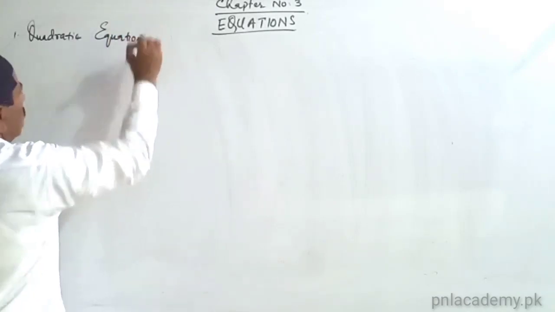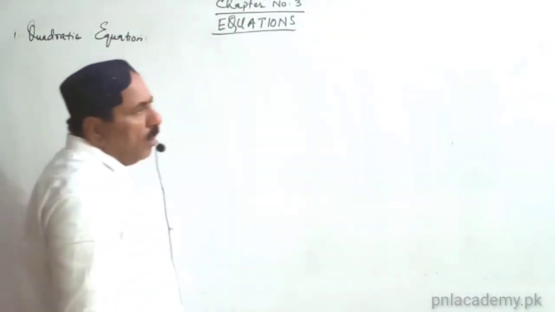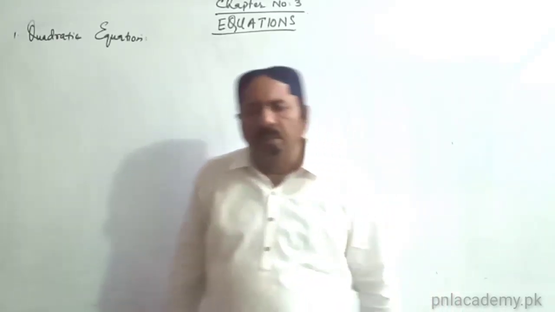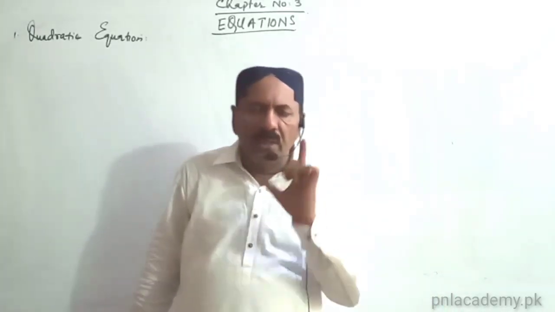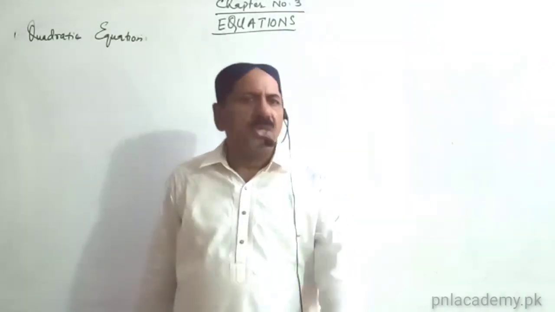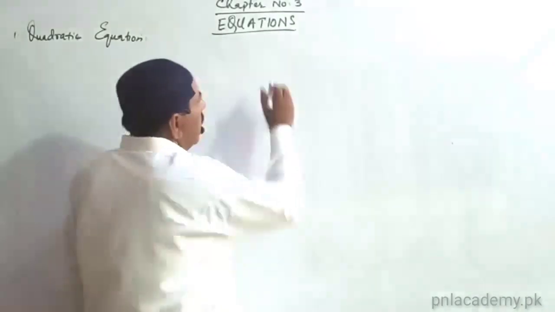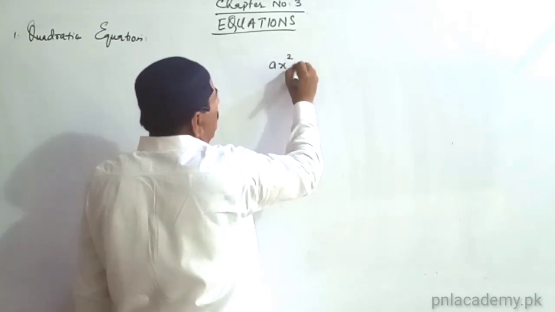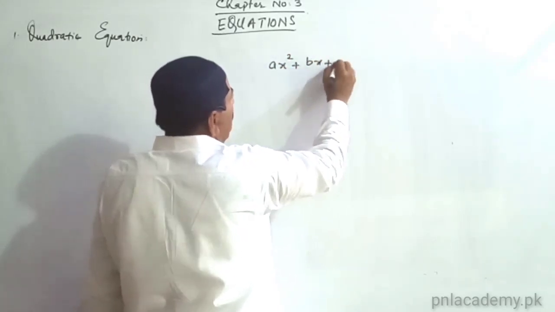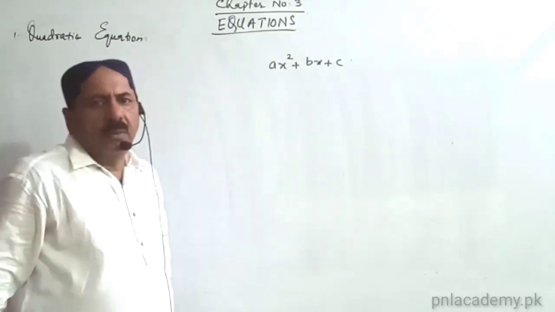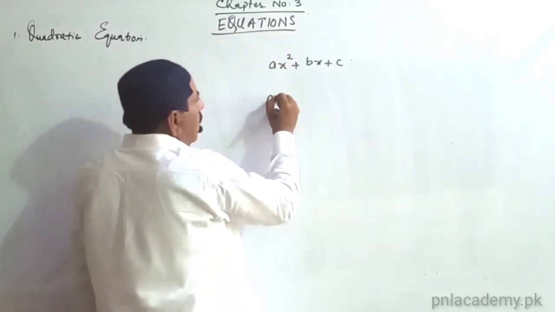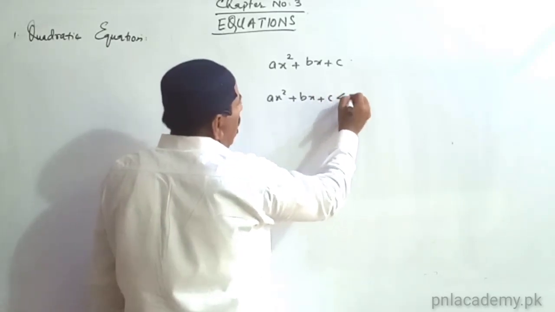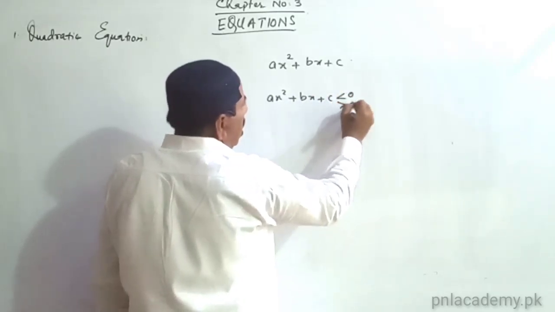First of all, we will discuss what is the equation, what is the inequation, what is the expression. So if I write ax square plus bx plus c, and again ax square plus bx plus c less than 0 or greater than 0.